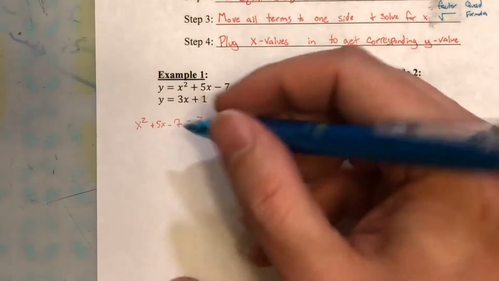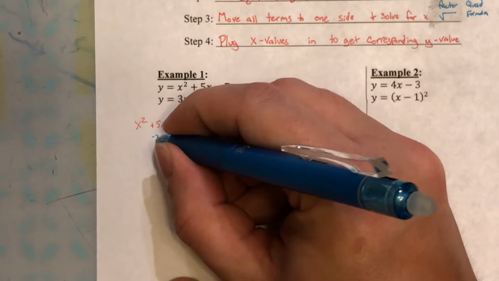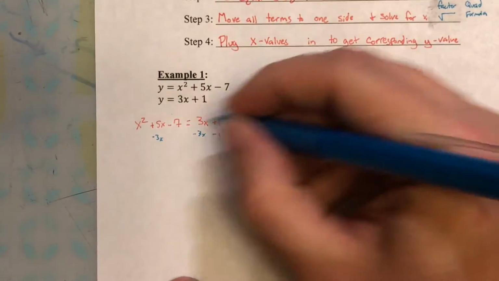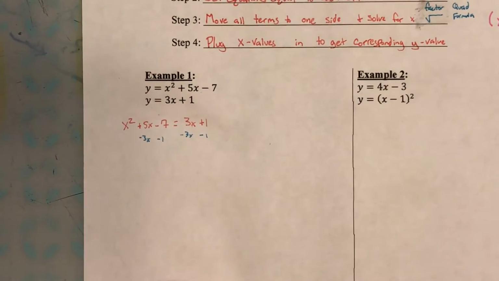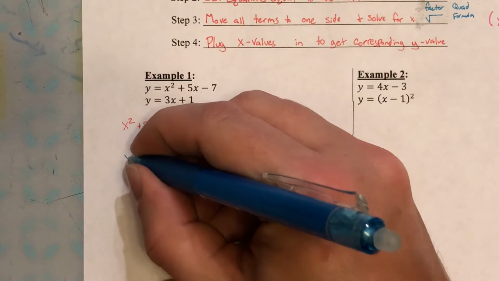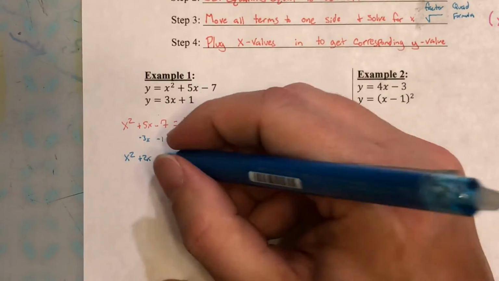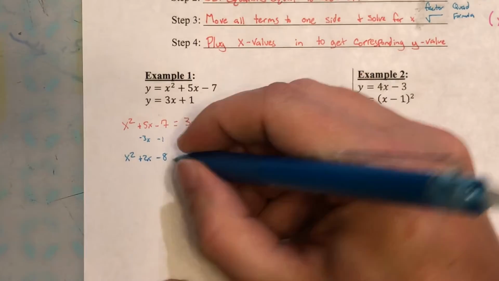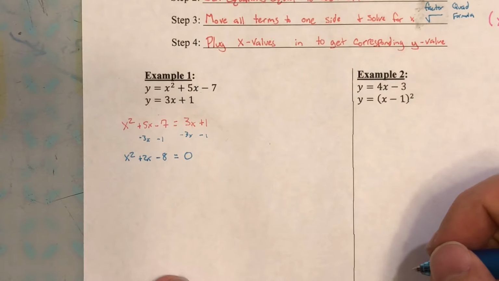So here we're going to subtract 3x from both sides. We're going to subtract 1 from both sides. So what I have is x squared plus 2x minus 8 equals 0.